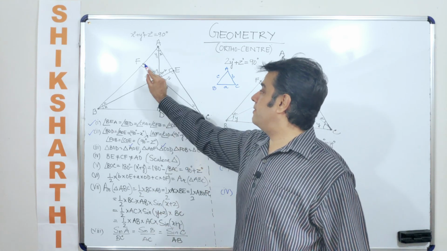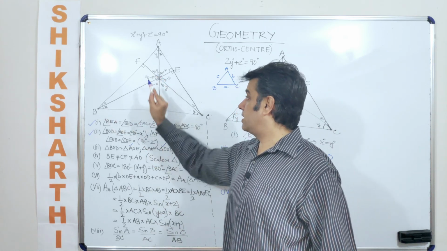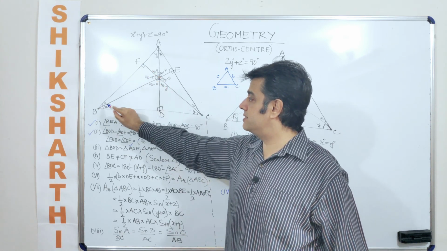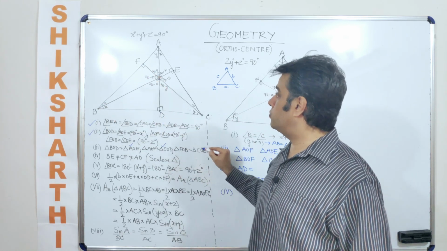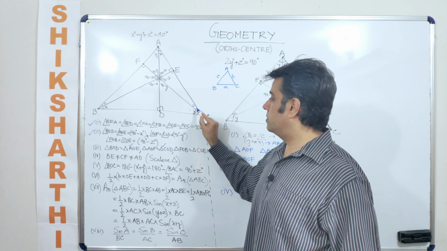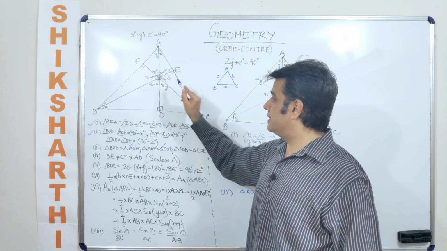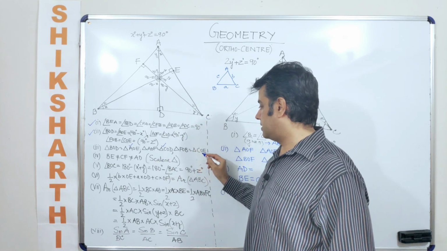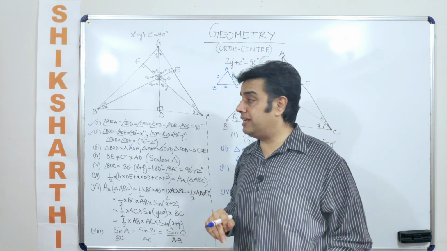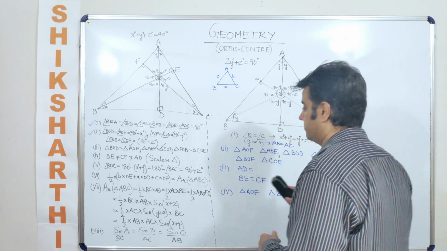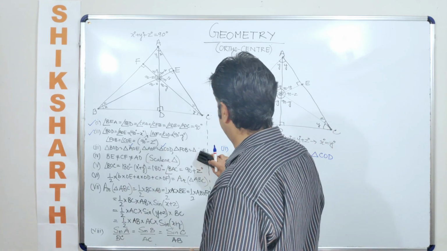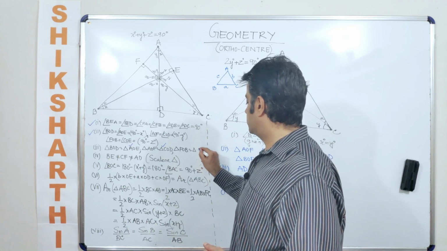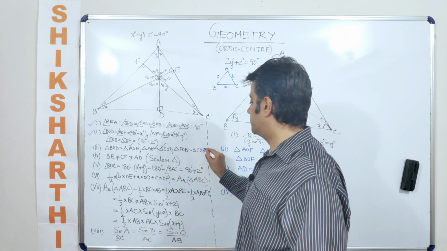If I am saying FOB, in that case I am basically talking about 90 degrees, 90 minus Z and Z. And in COE I am basically talking about Z, 90 minus Z and 90. So I should basically say EOC. So this becomes EOC, not COE. Right? So, okay, a small correction here.